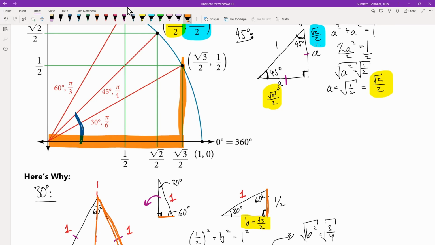Got it? As in my root 3 over 2 is going to be this right here, my x for that one. And then my 1/2 is this 1/2 from our triangle from below. There it is.